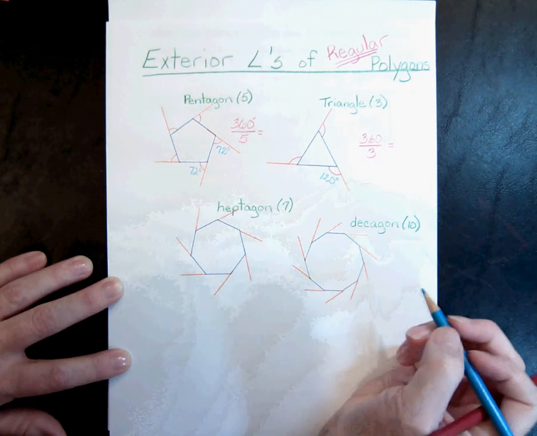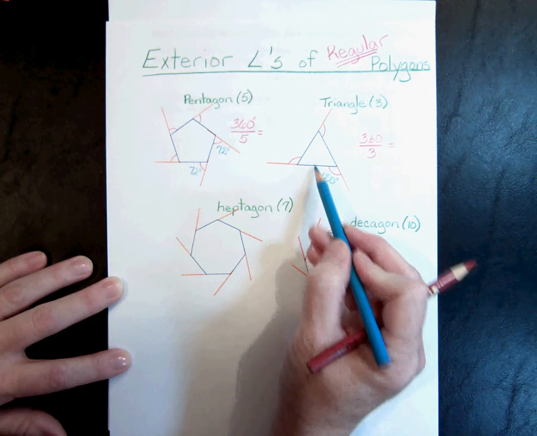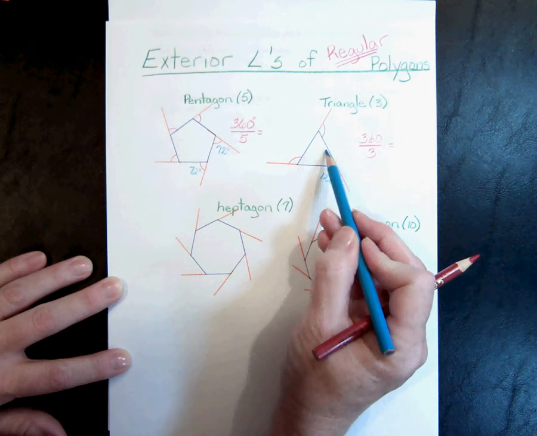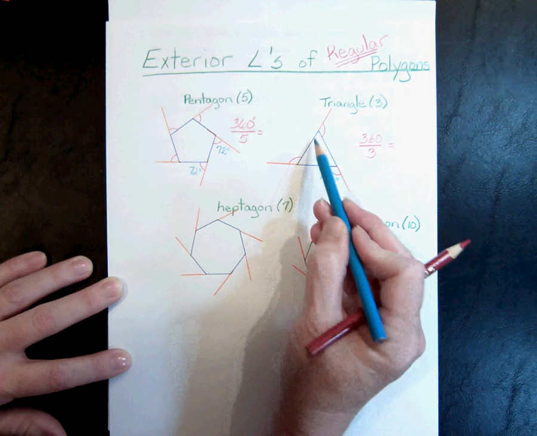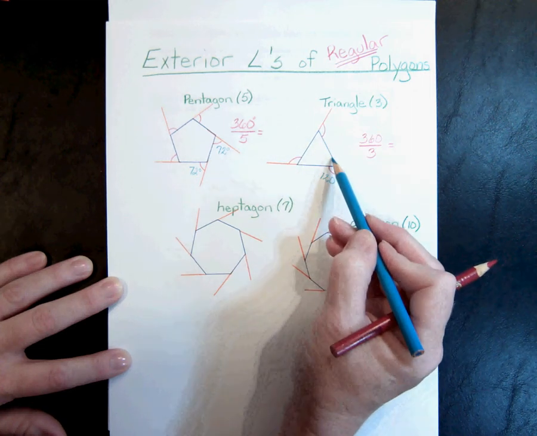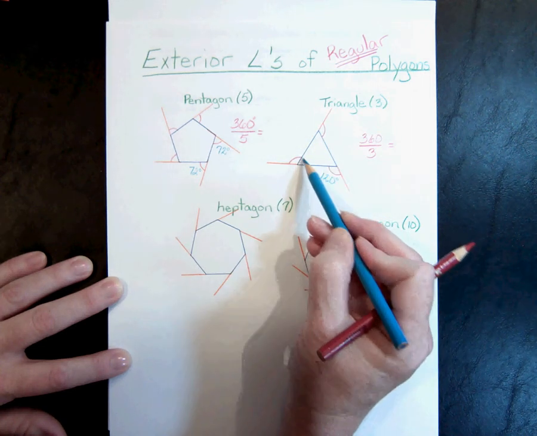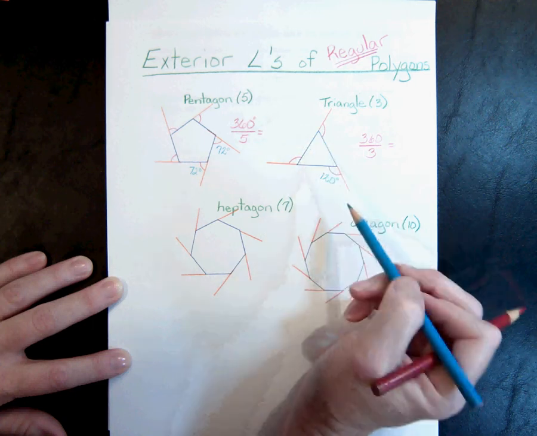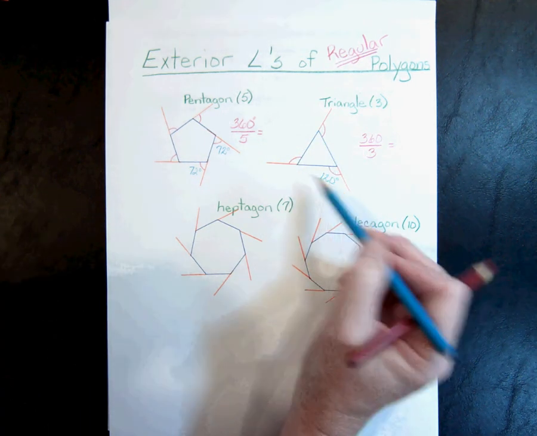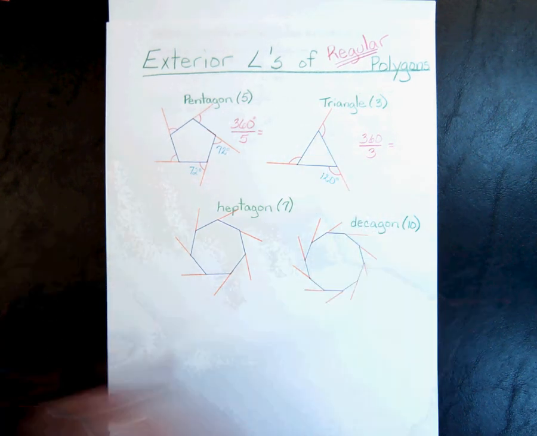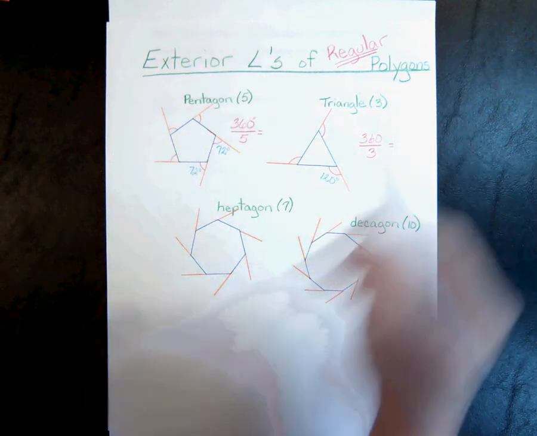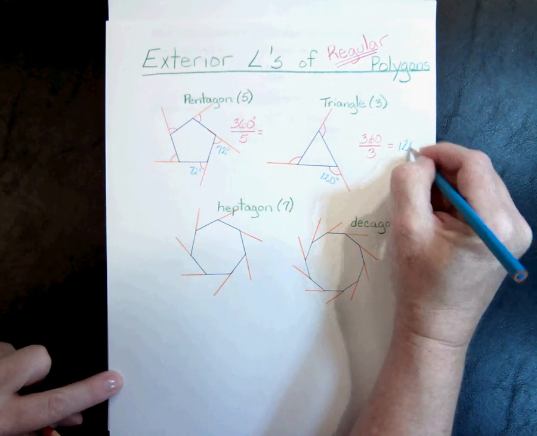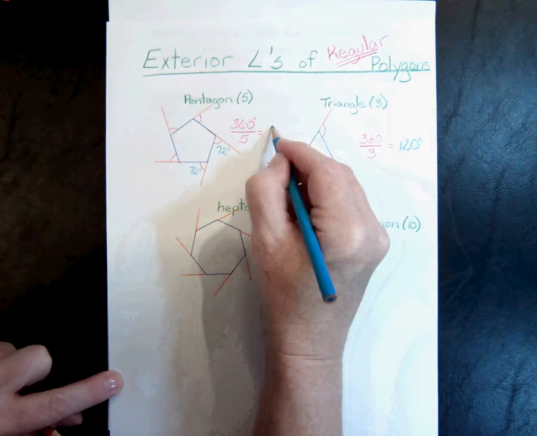We already knew that an equilateral triangle is also equiangular. In this linear pair, this would be 60, this would be 60, and this would be 60. So that proves that the exterior angles would all be 120. I'll go back and put the answer here.